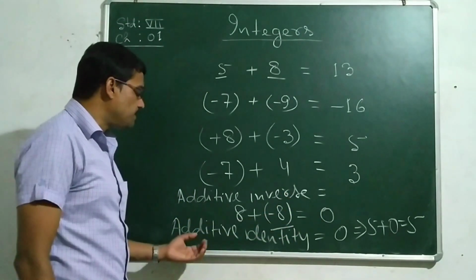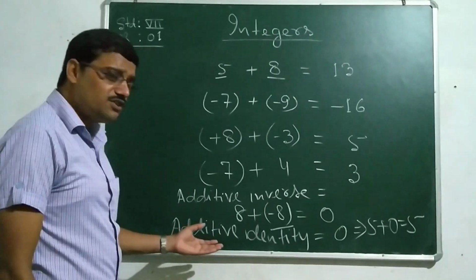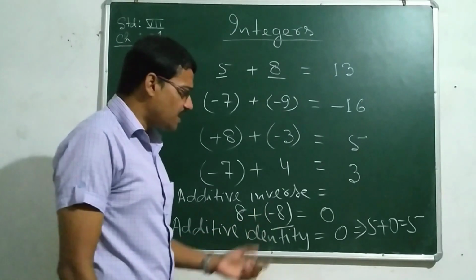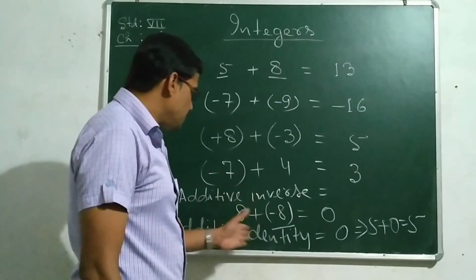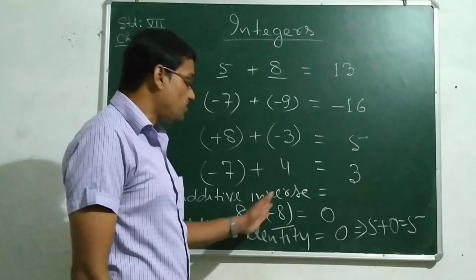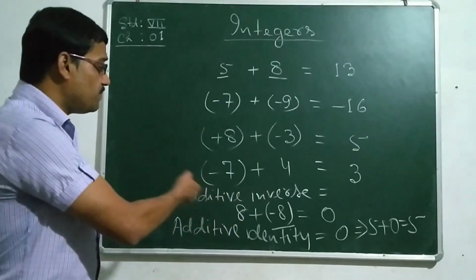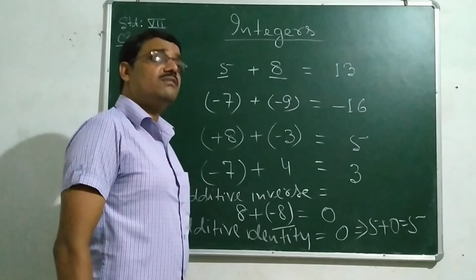You don't need to find the additive identity because 0 itself is the additive identity of all the integers, and the additive inverse of all the positive numbers are the negative numbers of those.